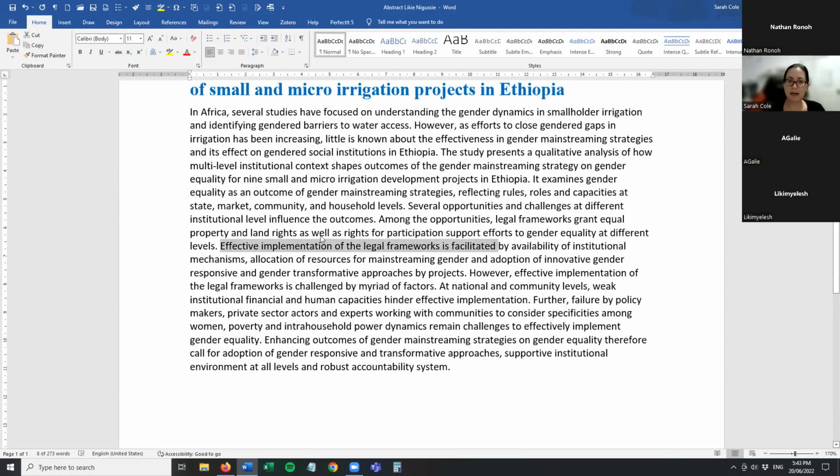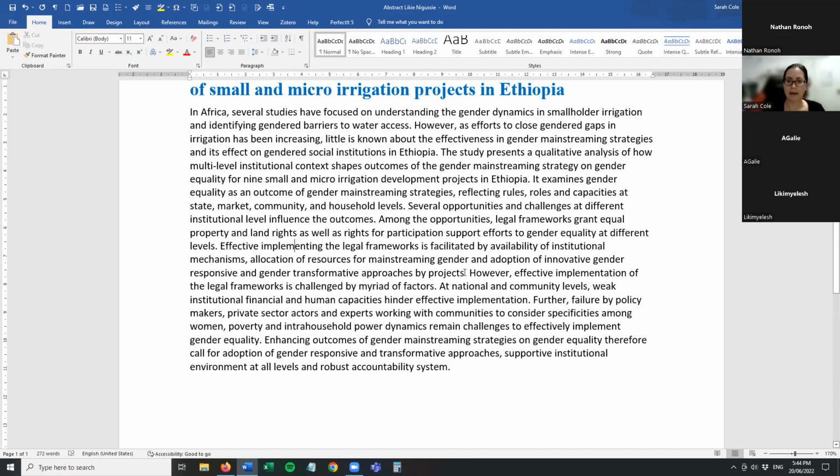So this is an example of a passive voice sentence that you could change around a little to make it a bit easier to understand. I would say effectively implementing legal frameworks, or the legal frameworks. That's just shorter, and it gets to the point a bit quicker. That's a change that I would make.